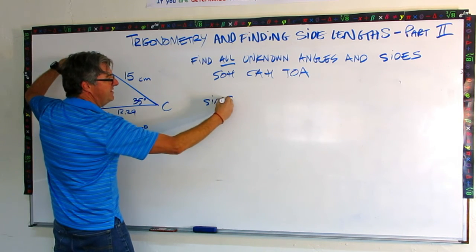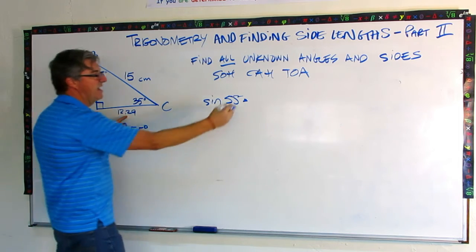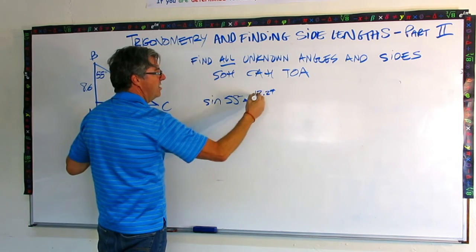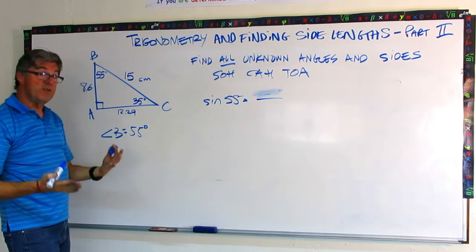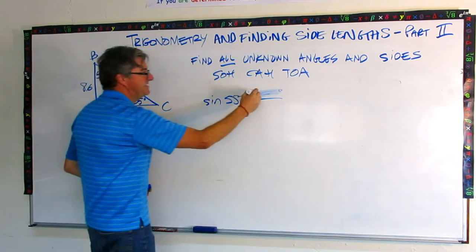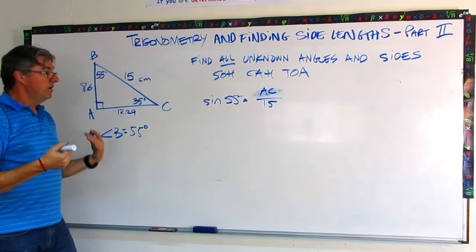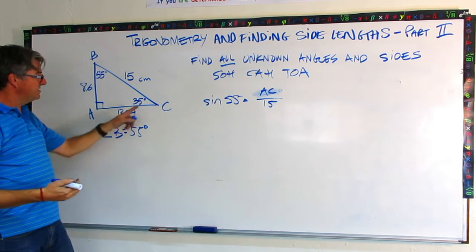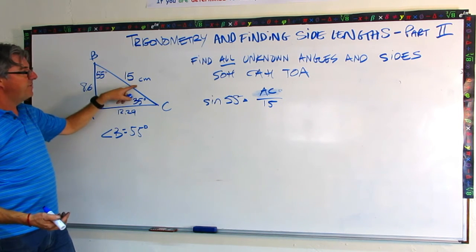Sine 55 equals opposite, which is 12.29 over, oh no. We're going to pretend like we don't know that one right now. So we're just going to write AC over 15. Okay? So perfectly valid trig function, but instead of using 35, I'm using this angle and its opposite and hypotenuse.